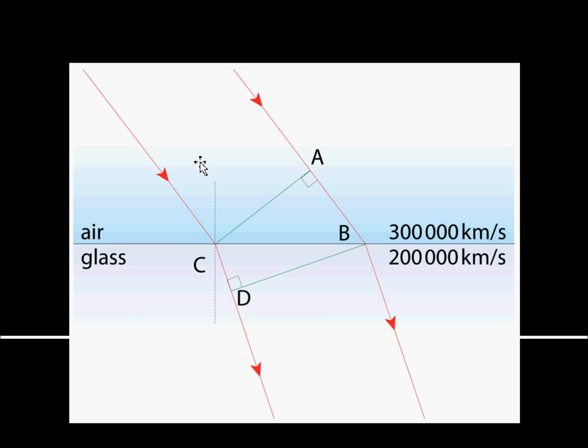But there is a slight change in direction and in wavelength as light moves from one medium to another. Again, that change is called refraction. Light changes direction and it changes wavelength when it moves from one medium to another.